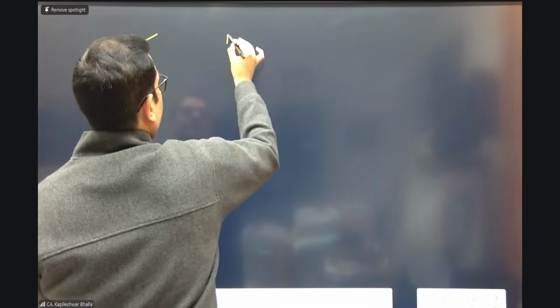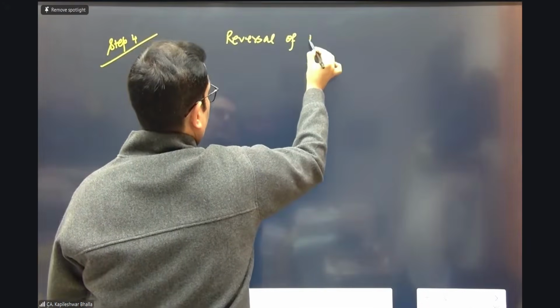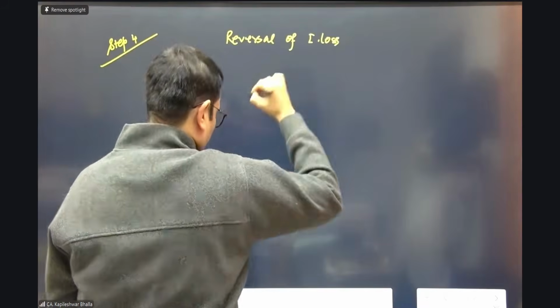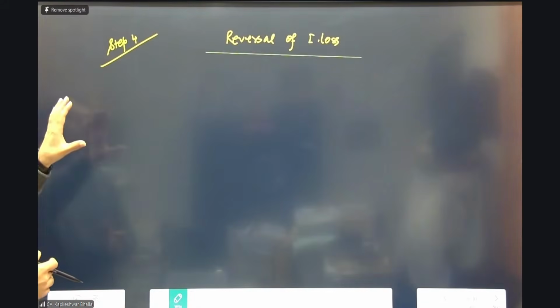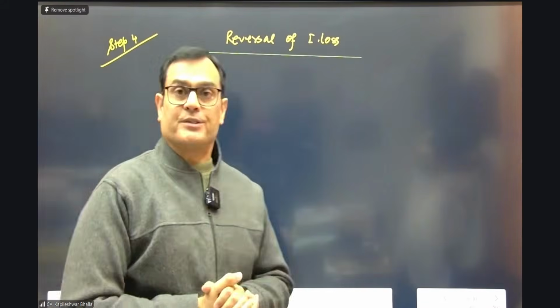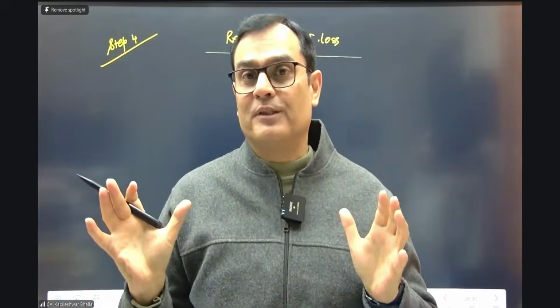So I am coming finally to my step number 4, and that is reversal of impairment loss. Now, there are 2 things to be seen in terms of reversal of an impairment loss. So I'll cover both the things. Let's make a mind map on this part.